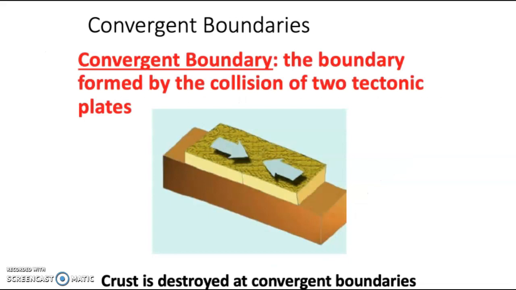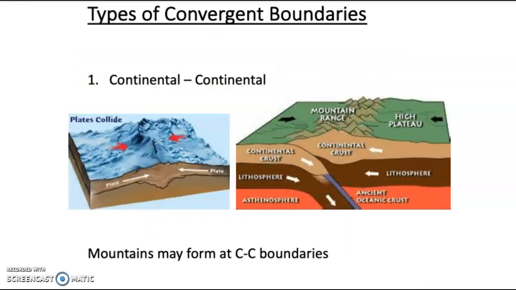So a convergent boundary. This boundary is formed when two tectonic plates collide together and crust is destroyed, meaning we lose crust here. Okay, so with a convergent, crust is destroyed. There are types of convergent boundaries.